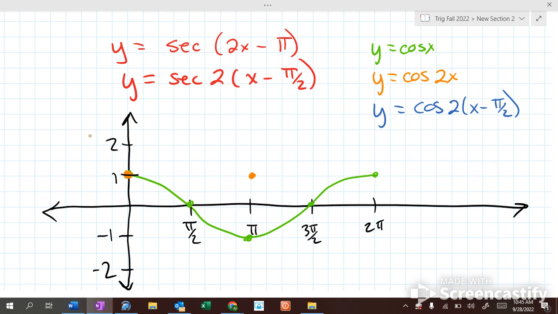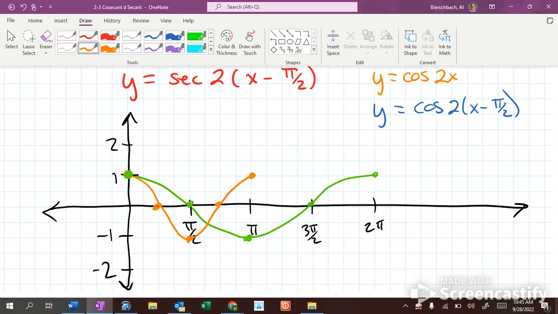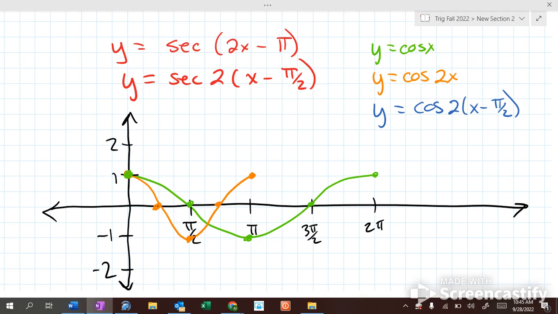So instead of going over 4 to get to my x-axis, I go to 2. Then negative 1, 2. And then I'm going to move it pi over 2 to the right. In this graph, I went 4 to get to pi over 2. So I go 4 squares to the right.